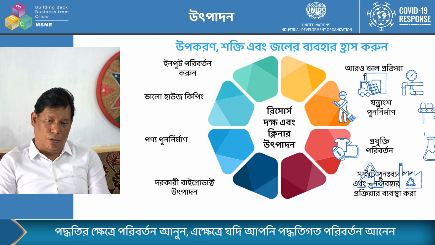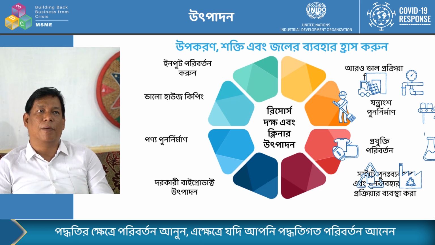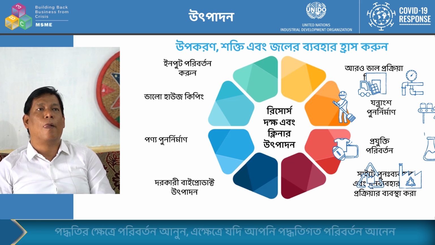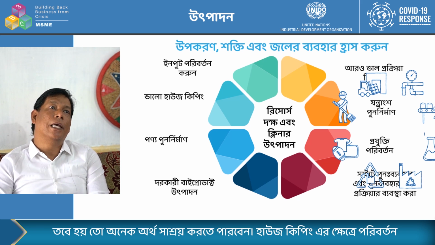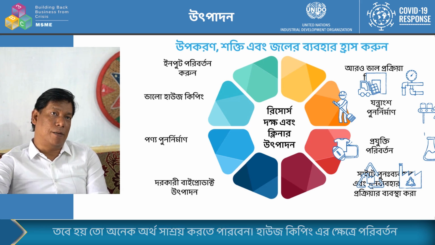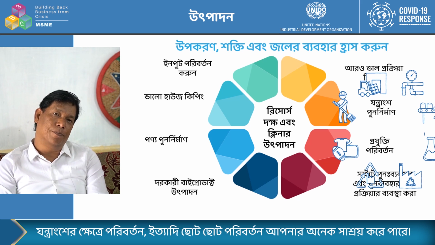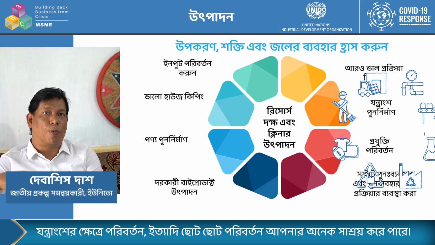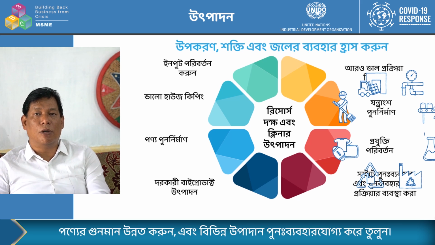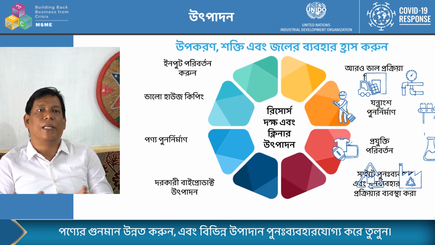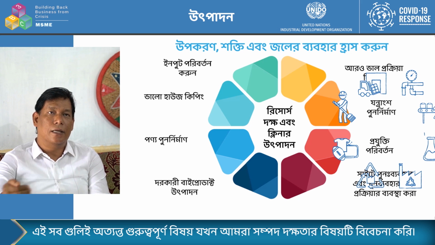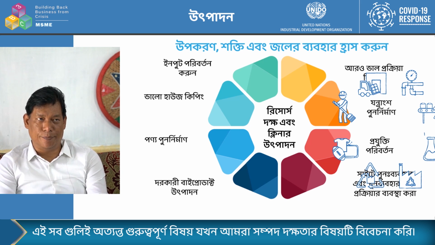Better process control: there are a lot of process parameters which you can optimize and make a lot of savings. Equipment modification, technology change, or for that matter some small good housekeeping measures can also give you a lot of savings. So product modification, reuse or recycle are some of the very important elements considered while we implement resource efficiency measures.